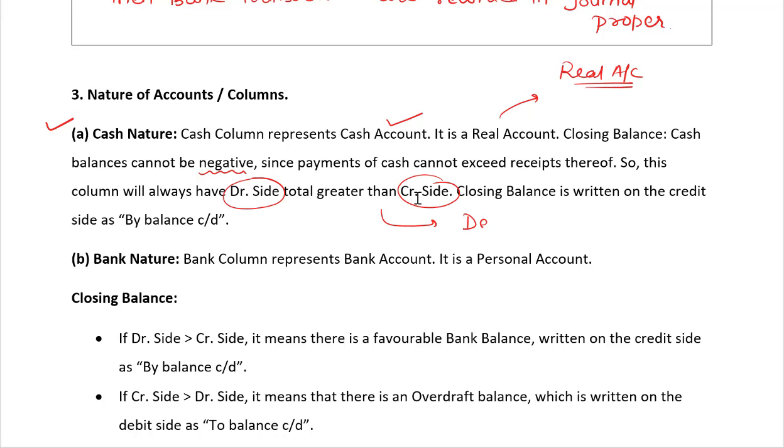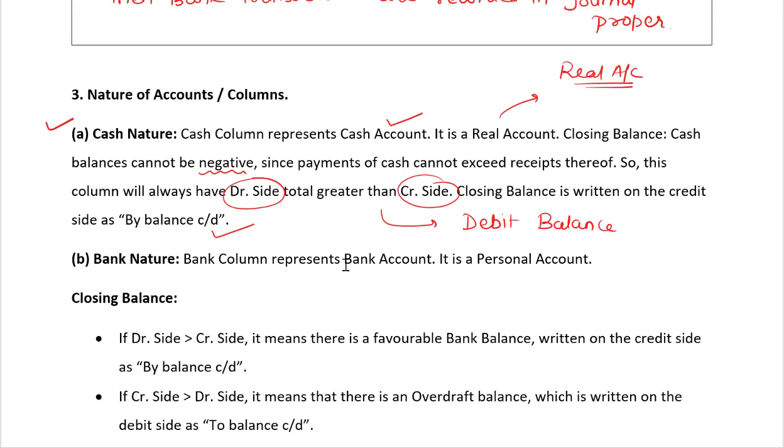This denotes a debit balance. The closing balance is written on the credit side as by balance c/d, but it denotes a debit balance. Why? Because the debit side total is always larger as compared to the credit side total. Okay.